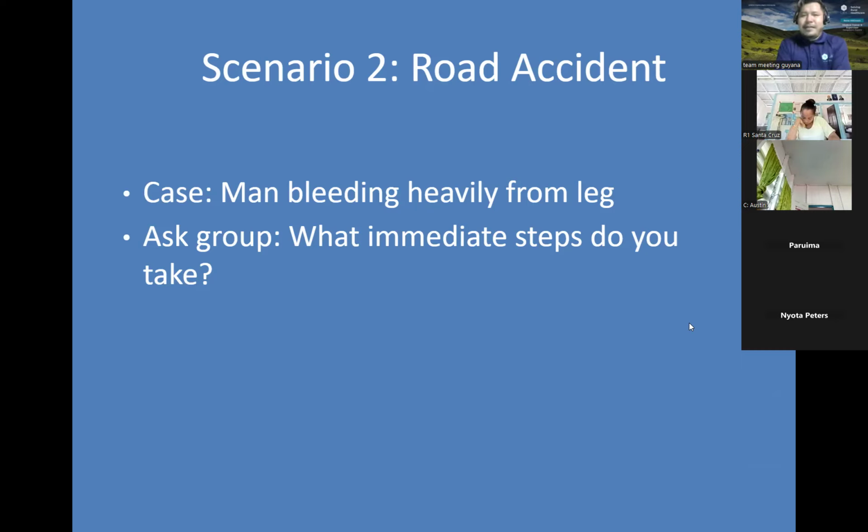Mm-hmm. All right. So before you apply a tourniquet, you want to start with the basics first. The tourniquet should be the last resort, right? Vital signs, yes, vital signs, but you also want to apply direct pressure to the wound.